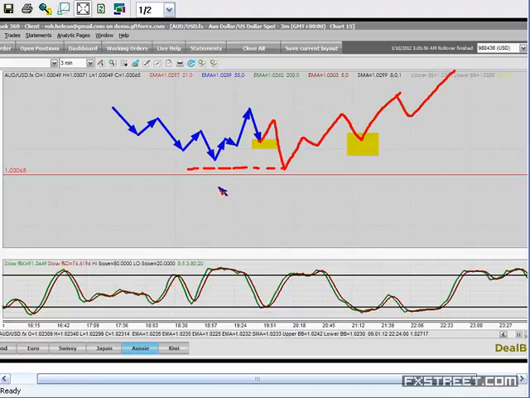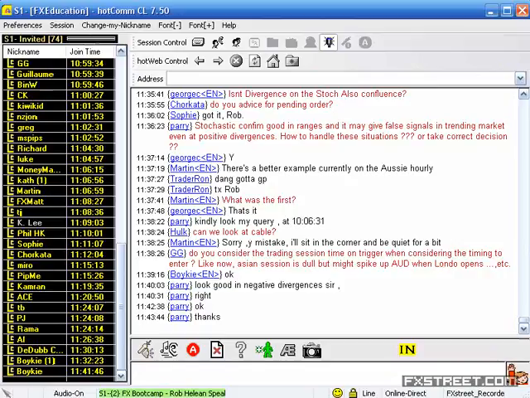Timing was slightly off, but it's all valid, right? So that's what you have to be looking for.